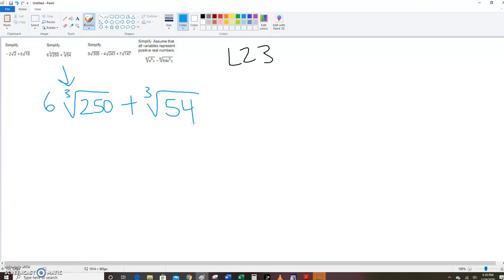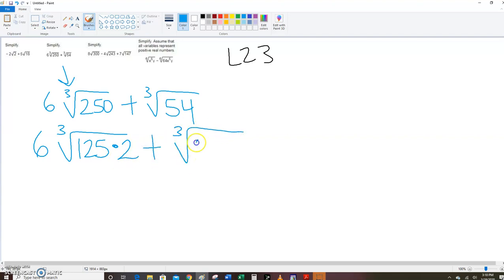This time around, you want to find the highest possible factor that's a perfect cube root. So for 250, we can break that number down as 125 times 2. And for 54, we can break that down as 27 times 2.